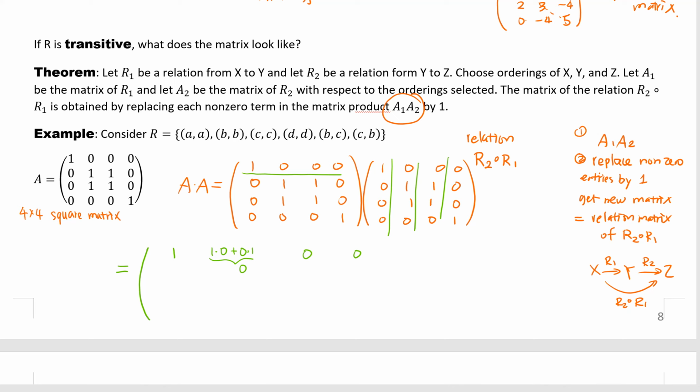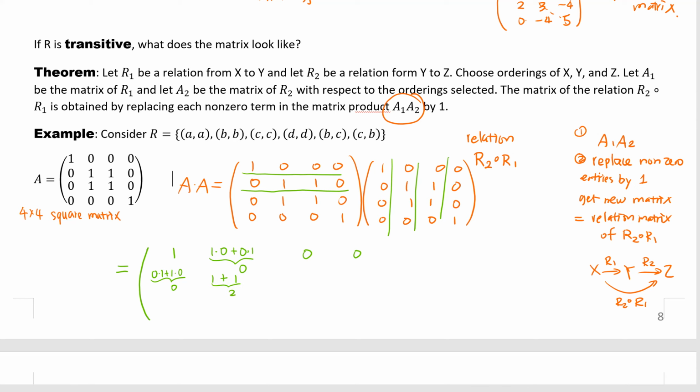Next, second row times the first column: 0 times 1, 1 times 0, and all the rest is 0, so we get 0. Then the second row times the second column: 0 times 0, and then we have 1 times 1 plus 1 times 1, so we get 2 right here.